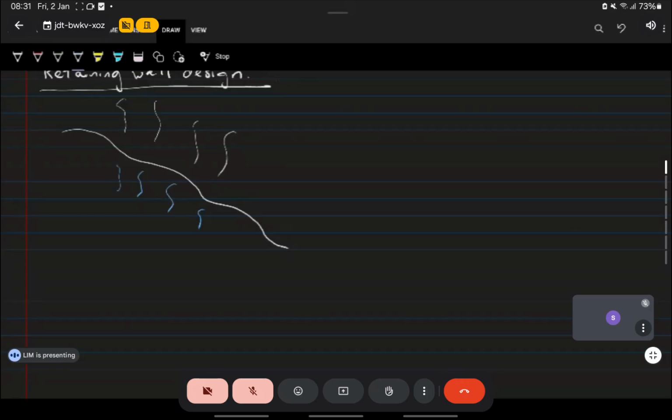permeates into the soil. Now, as you know, soil is normally in layers. Some layers are permeable, some layers are not so permeable. So what happens then is you have a few different landslides. The one I'm talking about here is maybe the translational type. Imagine you have two layers of soil.